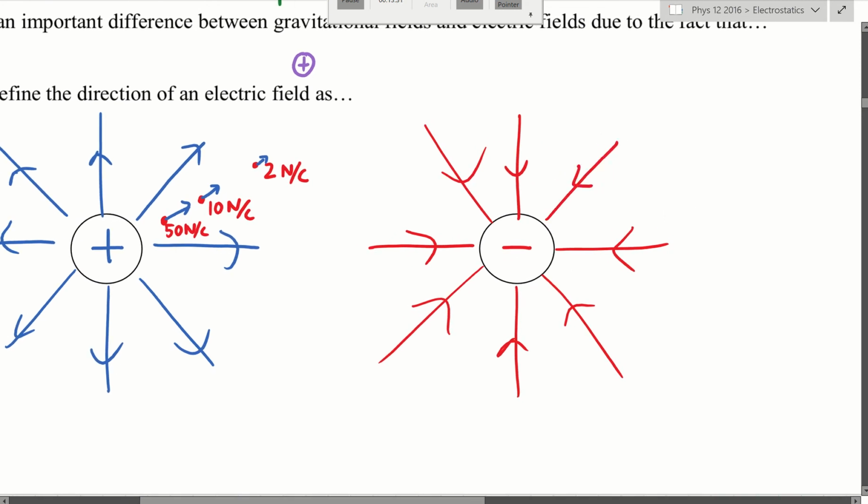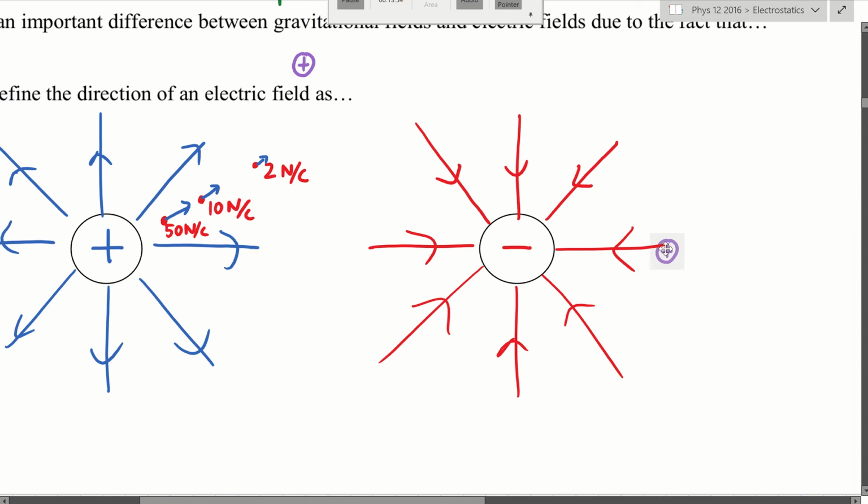Now, again, the direction of the lines is what? It is the direction that a little positive charge would go if you put it near. For example, if I put a little positive charge on the north side of this negative charge, then what happens? The little positive charge, the test charge, is going to go down following the electric field. What if I put it on the right hand side right here? Then predict which way it will go.